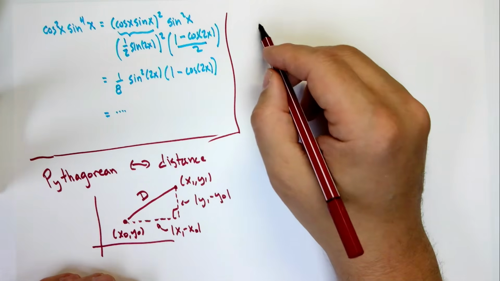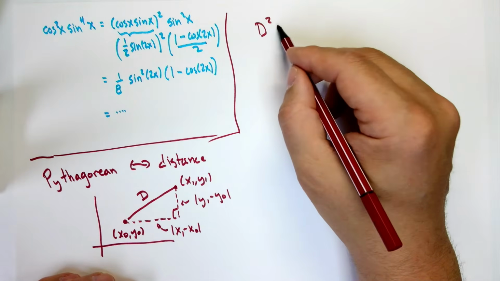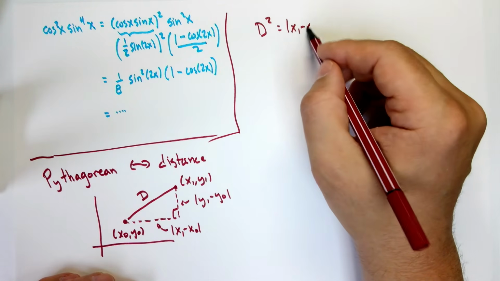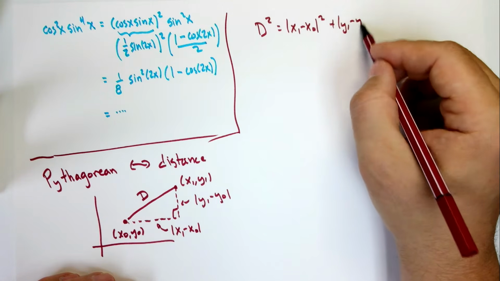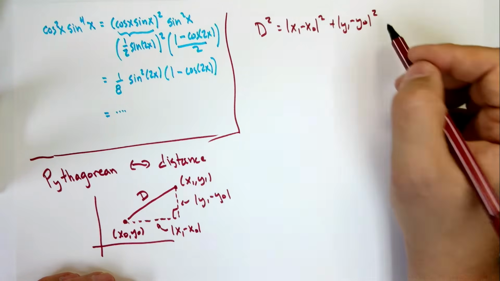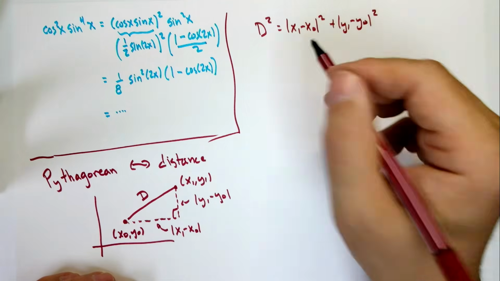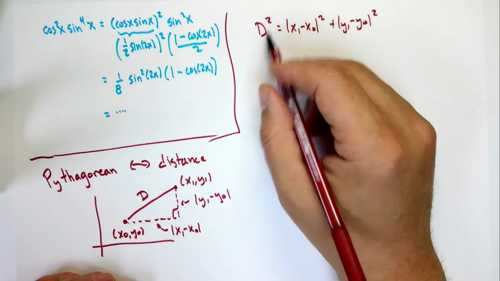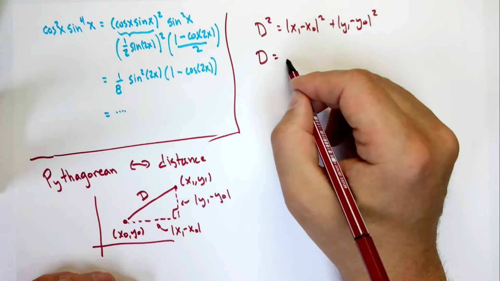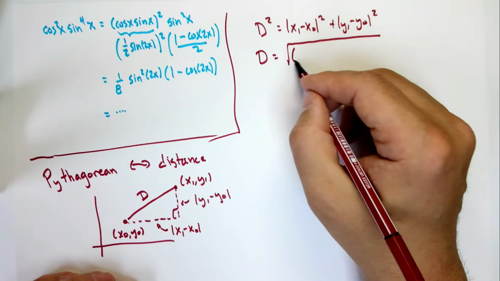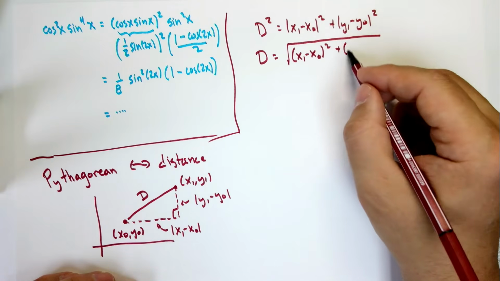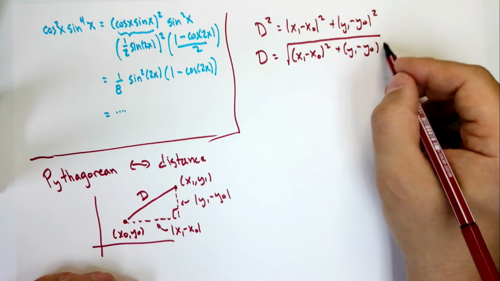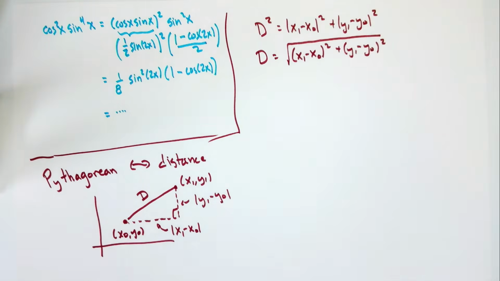So we can say that the distance squared is x1 minus x0 squared plus y1 minus y0 squared. Of course, absolute values don't do anything. And the other thing is, I want just distance, so I take the square root: square root of x1 minus x0 squared plus y1 minus y0 squared. Done.